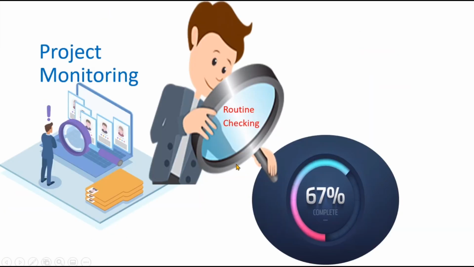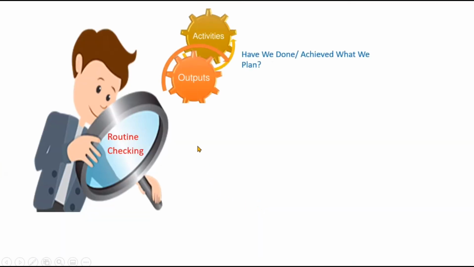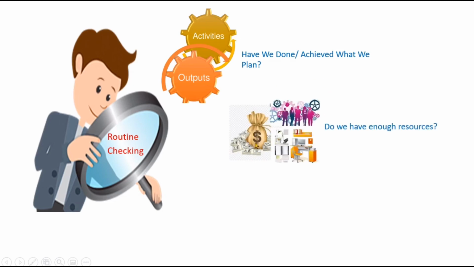In a recap, project monitoring is routine checking of the progress of project performance. When we check, mainly we check on 3 things. First, have we done what we planned so far? Any single activity that we planned, have we done it? Have we achieved the expected outputs within the time frame that we planned?